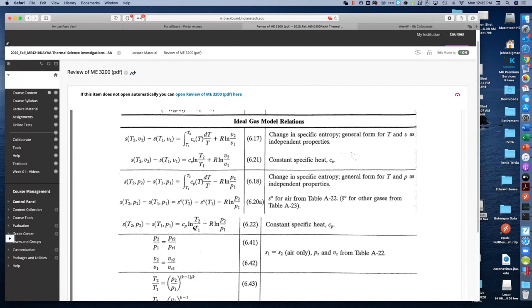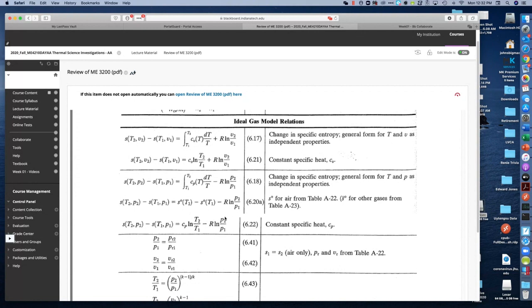So temperature can go up and pressure can go up, and those two could actually cancel each other. And so we could have a non-changing entropy process with both temperature and pressure rising. It's just that one counteracts the effect of the other.